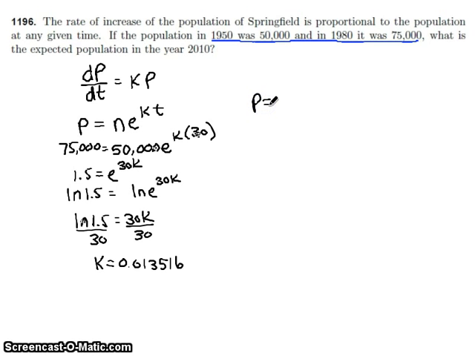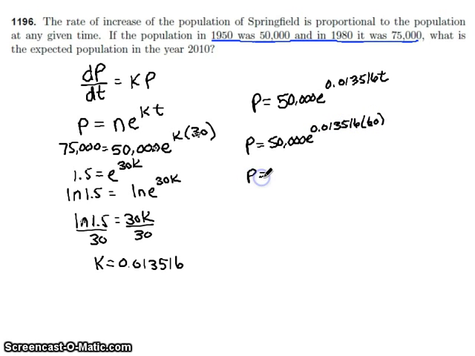So population is equal to 50,000 because that was our initial population, e to the 0.013516t power. And now if they want the population in the year 2010, 2010 was 60 years later, so the population is going to be equal to 50,000 e to the 0.013516 times 60. And if you work that out, that comes out to be roughly 112,503 people.